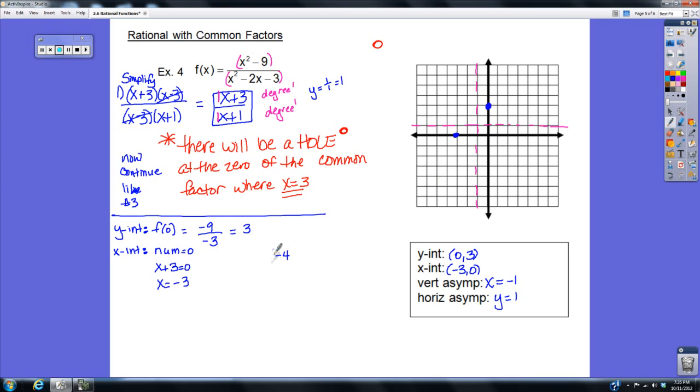I used negative 4 for the x value, and then I got 0.333, which is 1/3. Negative 4, 1/3. Negative 2, negative 1. So plot that.